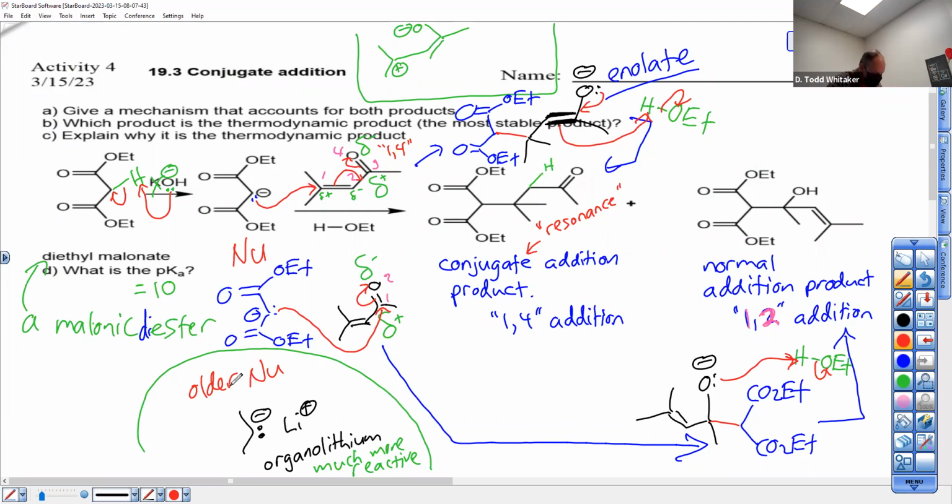Like if I used an organolithium up here, it's going to attack the carbonyl right here, like this one, 99.9% of the time. And that's true here too. This anion prefers the more positive carbon 99.9% of the time. The difference here is when this attacks, the reaction's over.